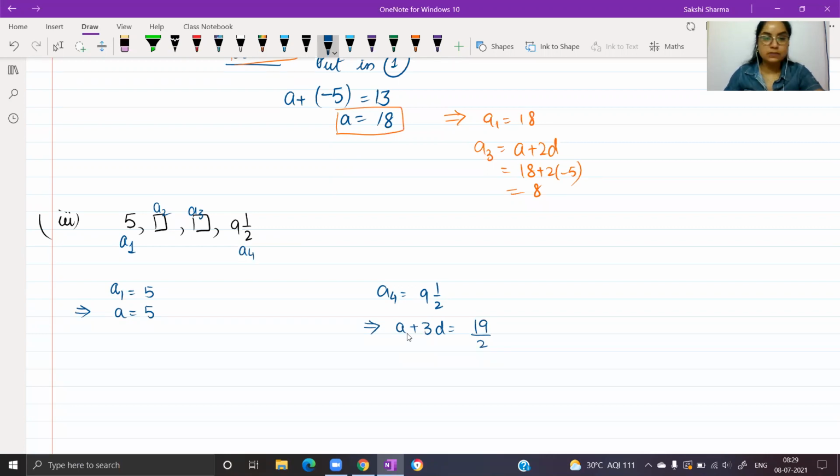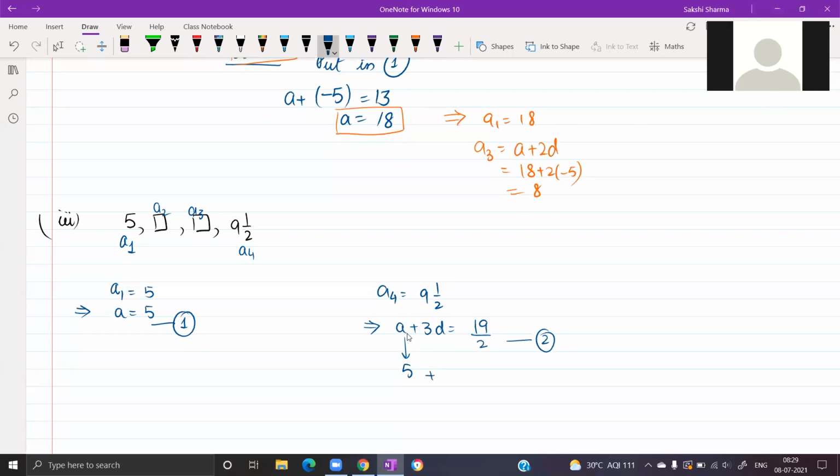Use the two equations we have here. It should be 19/2. I have converted into improper form. Sorry, ma'am. The value of A is 5, so 5 plus 3D equals 19/2.